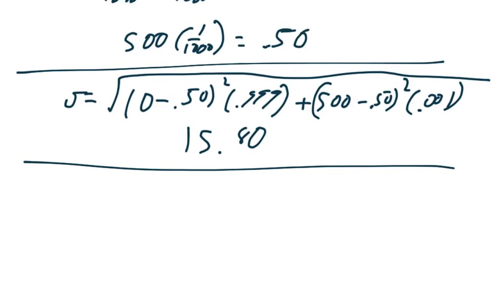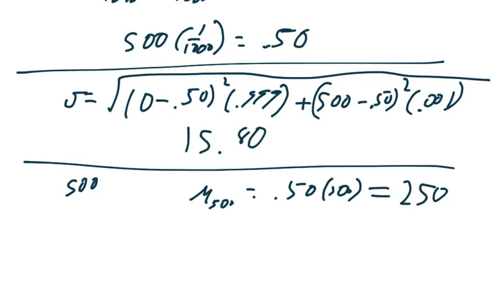So if we're going to play 500 games, the mean for 500 is 0.50 added together 500 times, which gives me an answer of 250. So what is the standard deviation for 500 games?